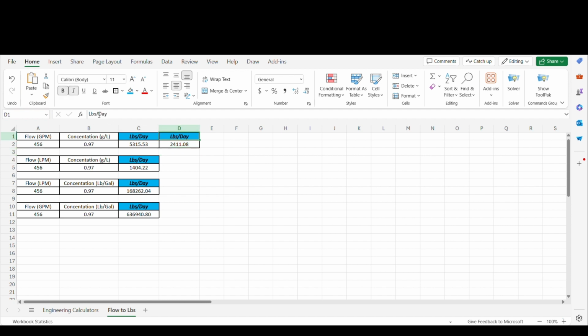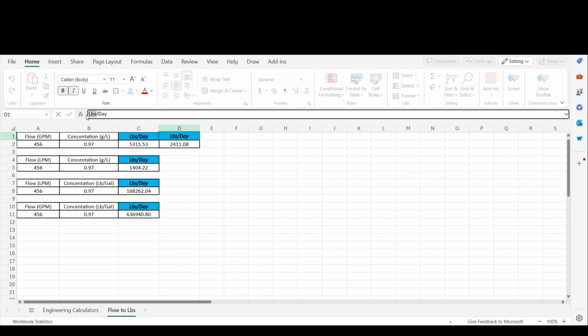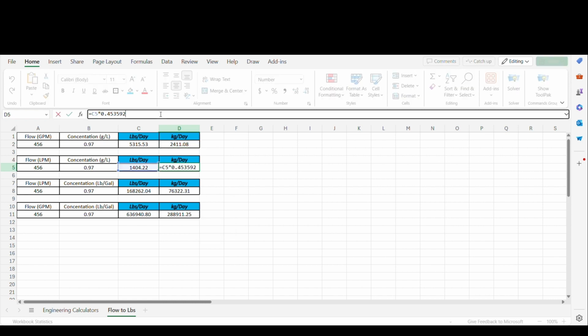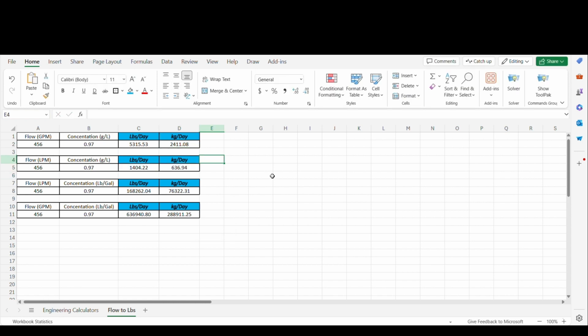And this would be kilograms per day. And it truly is as simple as that. And you'll notice it just keeps referencing itself.